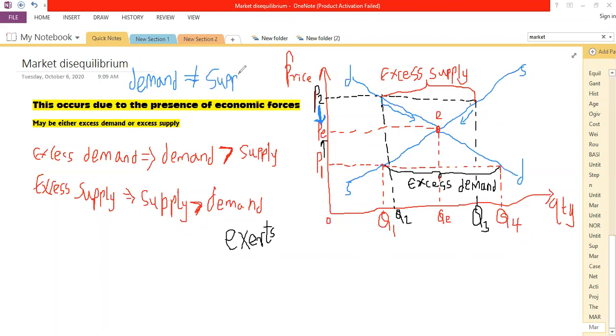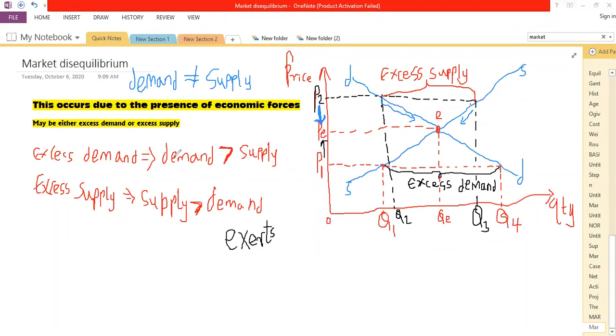If they are not the same, it means either demand is more than supply, an economic force known as excess demand, which exerts an upward pressure on the price level of the commodity in the market.